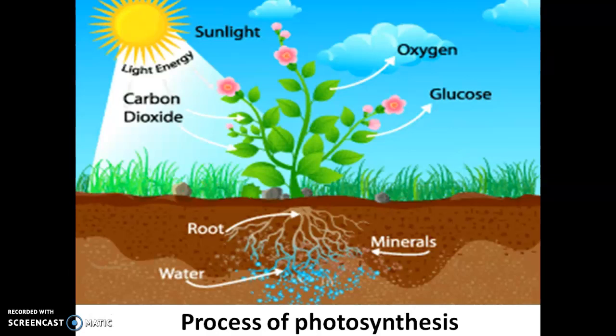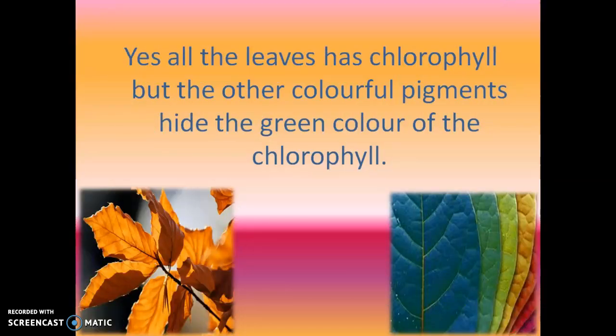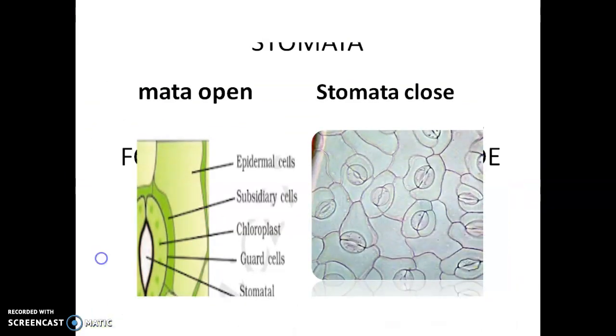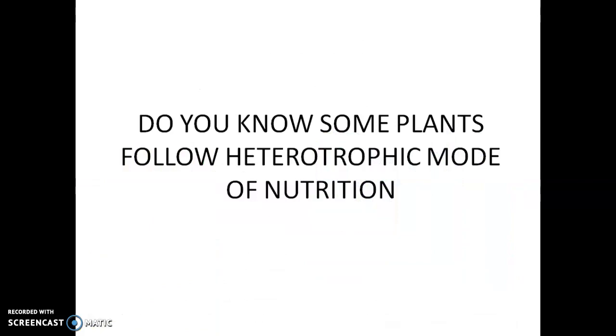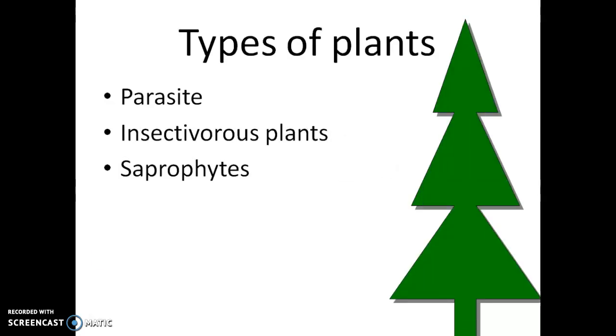And in Part 2, I taught you about why the food is produced in the leaves in most of the plants, about colorful leaves, about stomata, and about some plants that follow heterotrophic mode of nutrition. In Part 2, I taught you about parasite type of plant, and in Part 3, I am going to teach you about insectivorous plants and saprophytes.